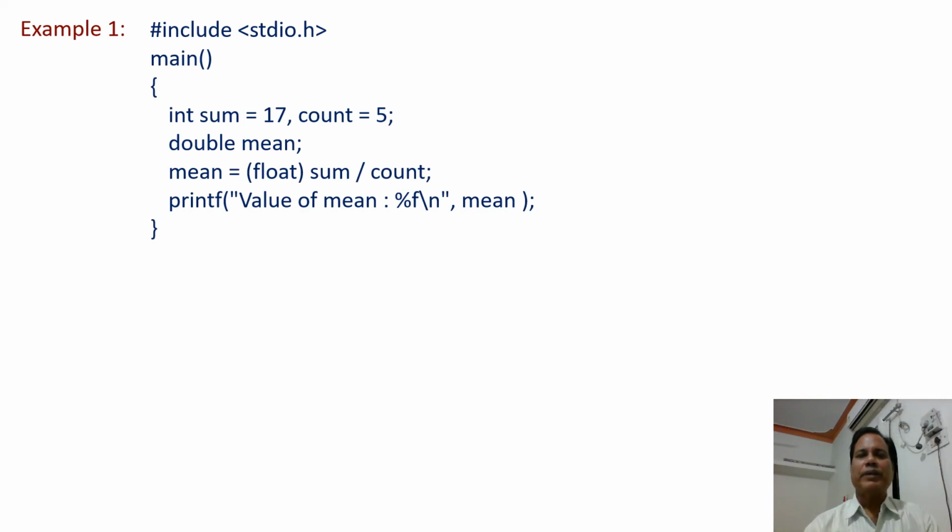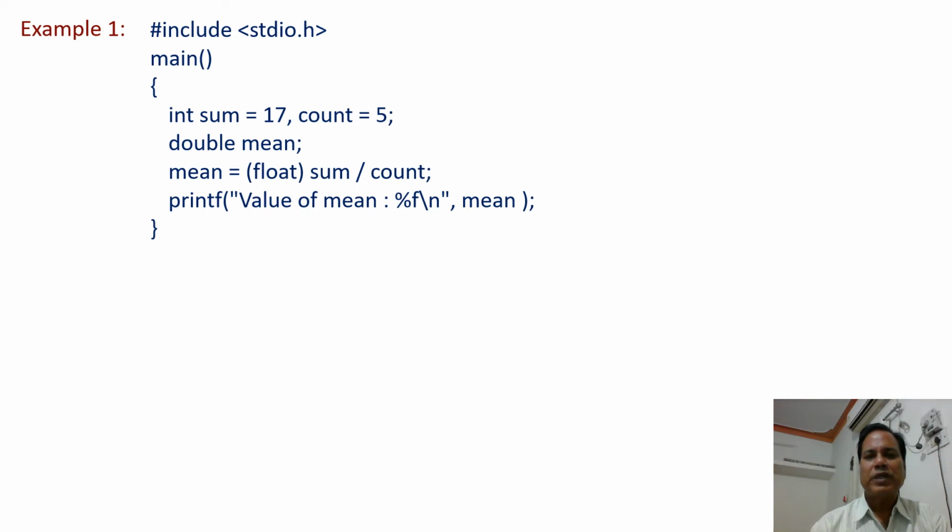In this example, we have two integer variables, sum and count. Sum has a value of 17 and count has a value of 5. Another variable declared is mean, which is of type double. Now if we write the statement mean equal to, in brackets float, sum divided by count.